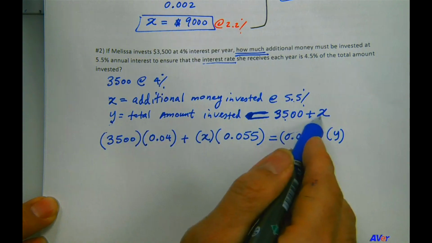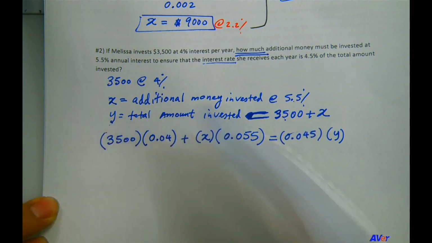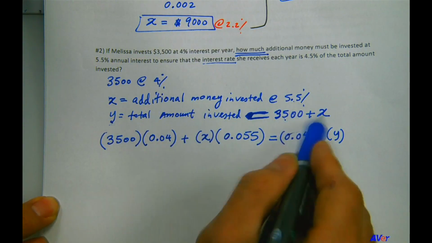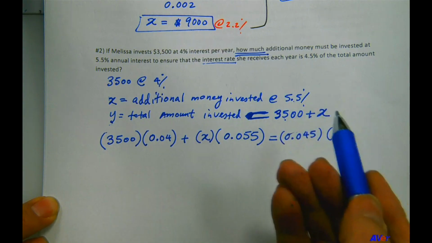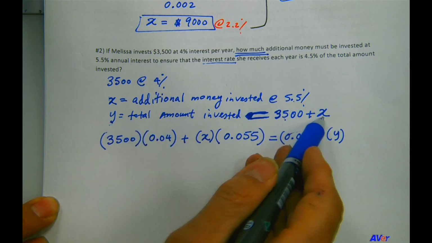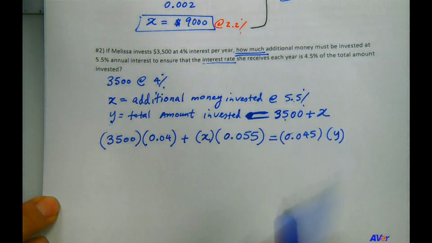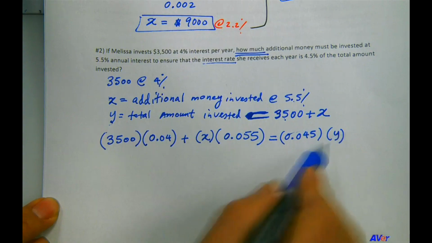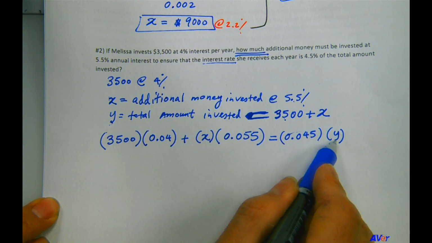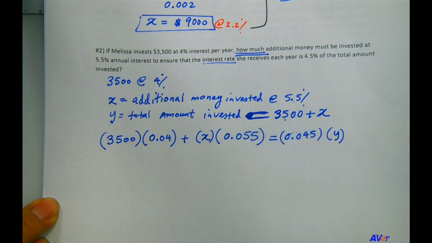We don't know X. If we know X, we know the total amount invested. So we're looking for X, but there's a relationship between the total amount and the additional amount of money that we're looking for. So in this equation, for Y, let's substitute 3,500 plus X.